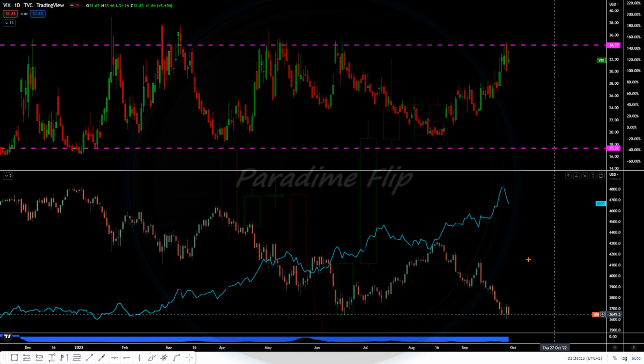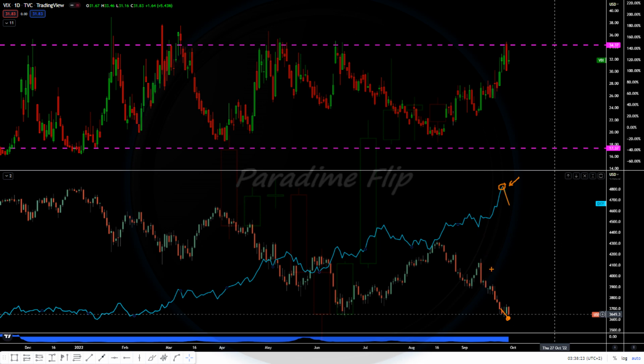What you'll notice is that the dollar has actually created a high at this point, and we've traded lower on the dollar, and we are still sitting at the lows on the S&P 500. And because we have created this high, we can anticipate that S&P 500 also makes a low.